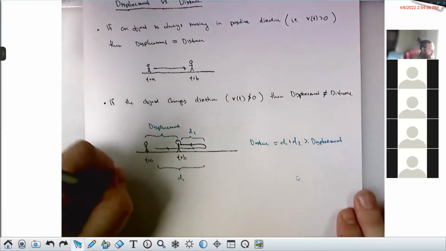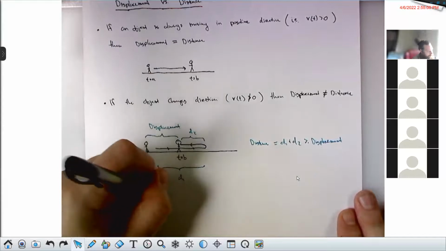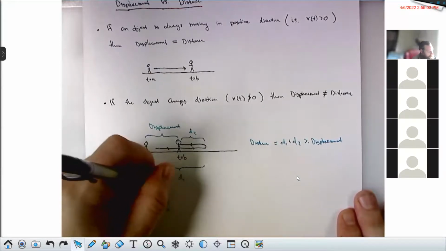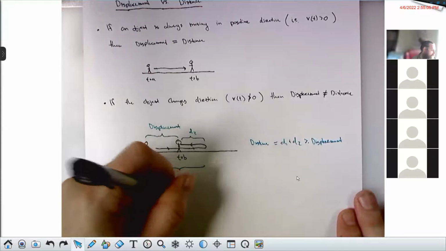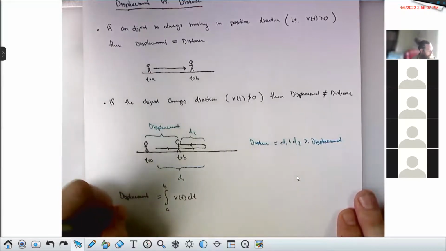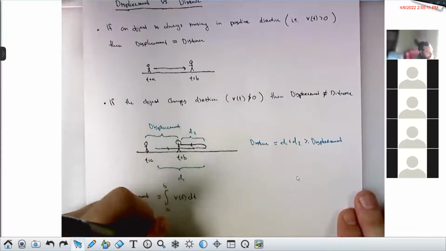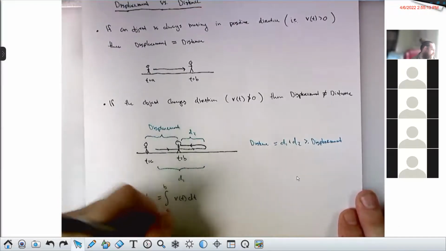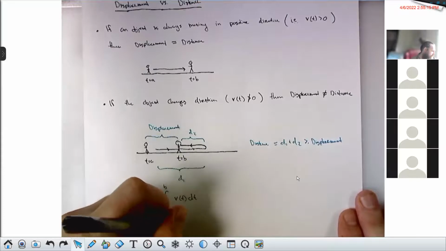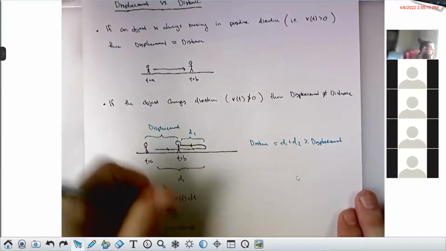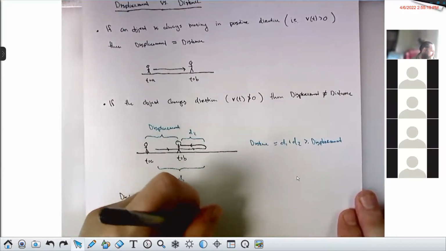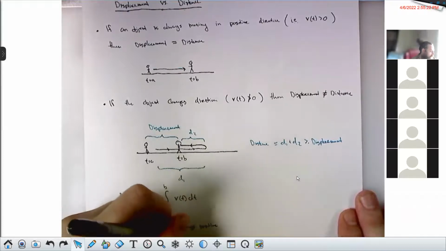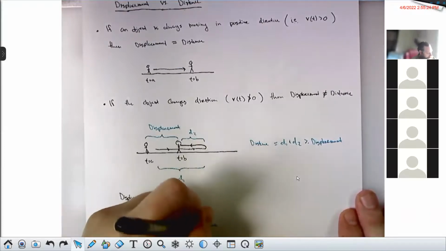So we said it already, displacement is the integral from a to b of your velocity function. Distance is the integral from a to b of an always positive version of your velocity function.